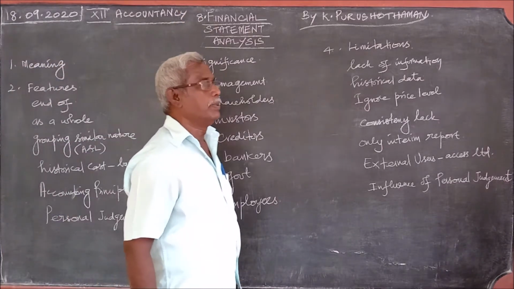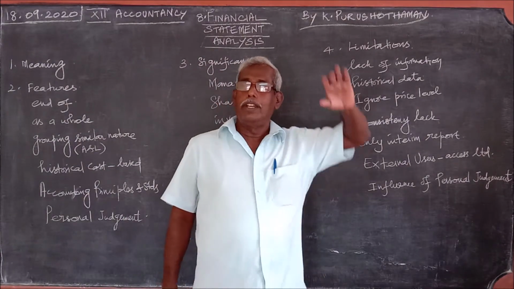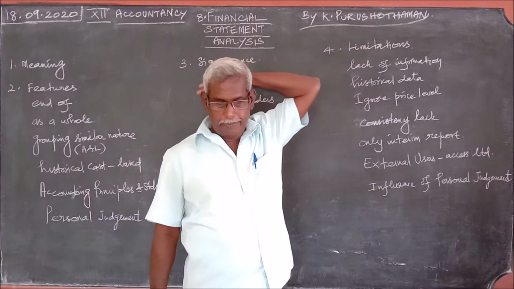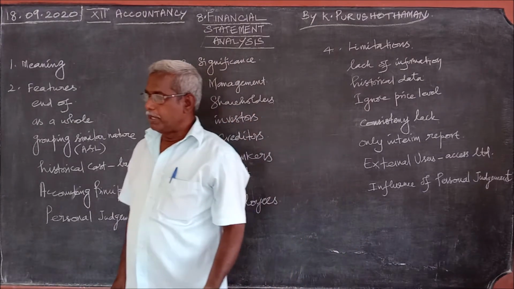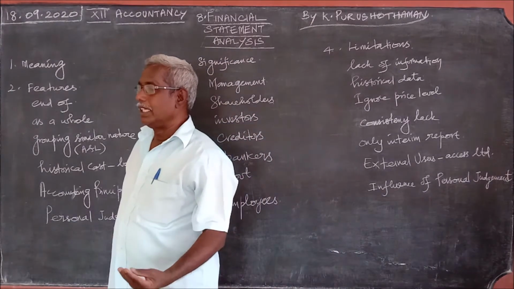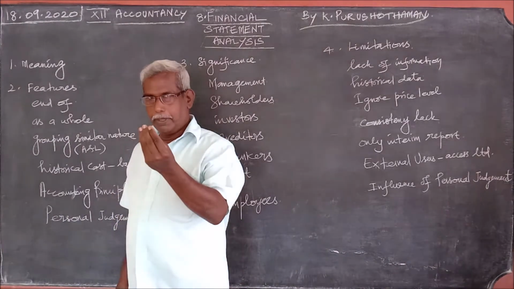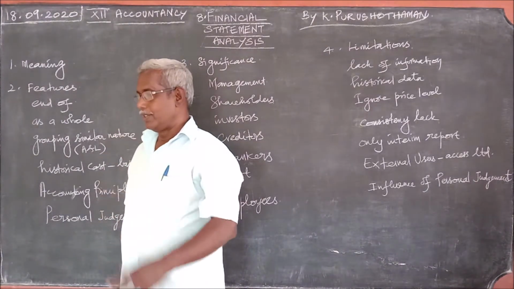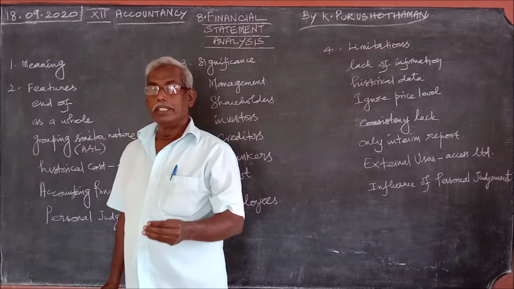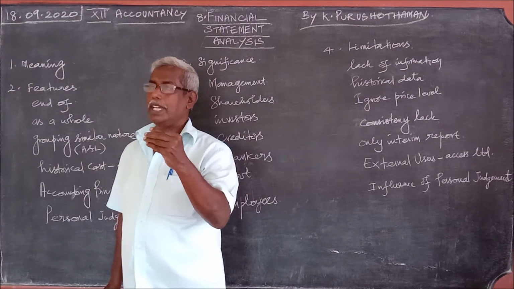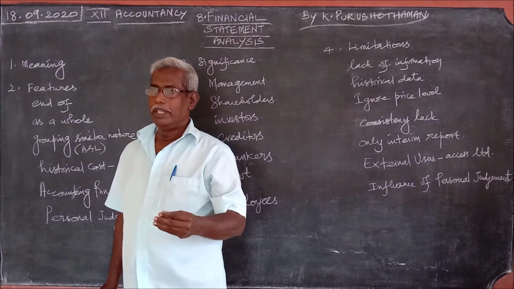When a financial statement is prepared, it is prepared once in a year. If the business has begun in April, it may be prepared at the end of March. If the business has begun in January, the statement may be prepared at the end of December.